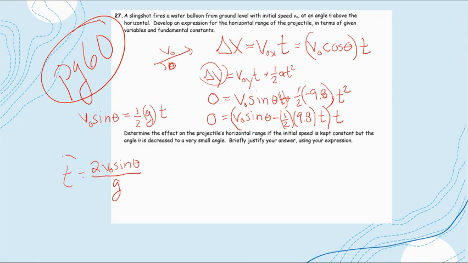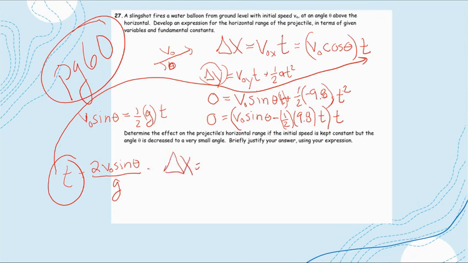Now I'm going to take this t and substitute that in there. So then I end up getting my change in x, or my range, is equal to 2 V initial squared sine theta cosine theta divided by g. And when I use trigonometric functions, I know that 2 sine theta cosine theta equals sine 2 theta.